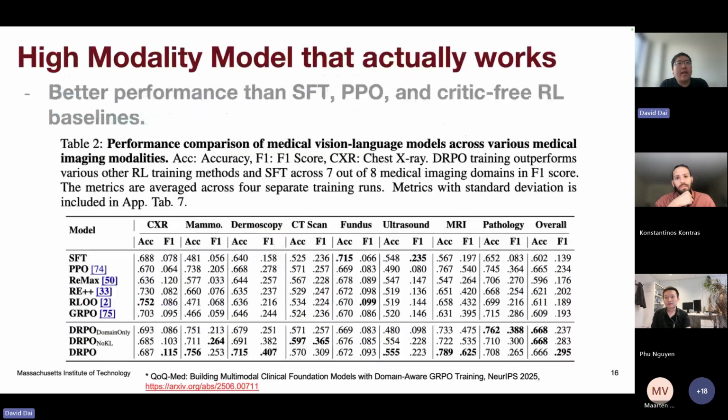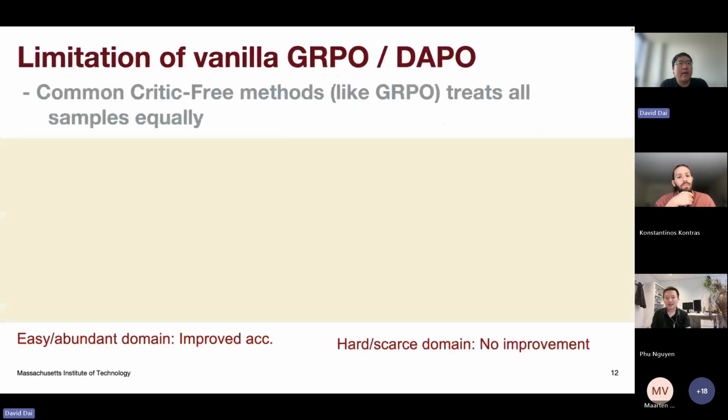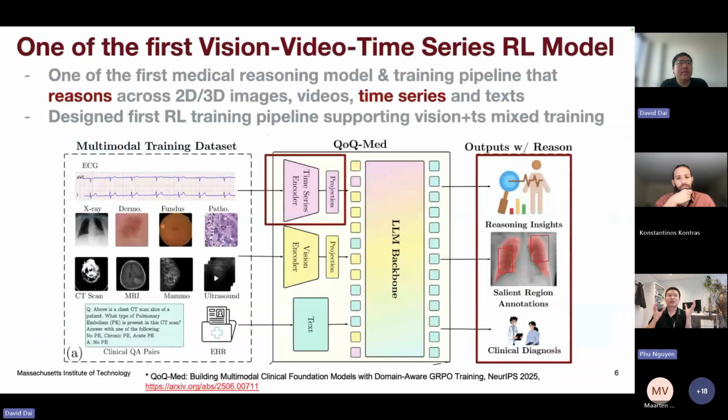You mean the text modality, right? Yes. So you combine image and time series and train all of them together, or you train the image-text pair or the time series-text pair separately.